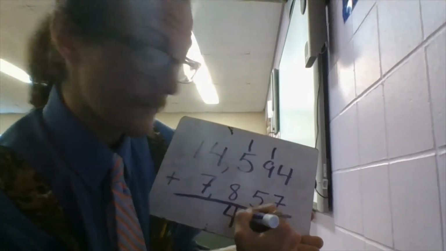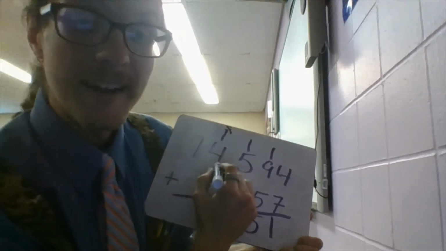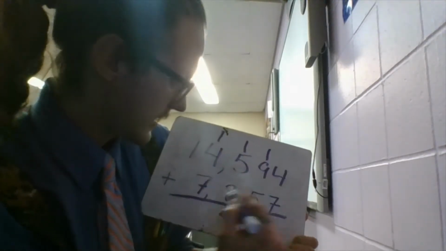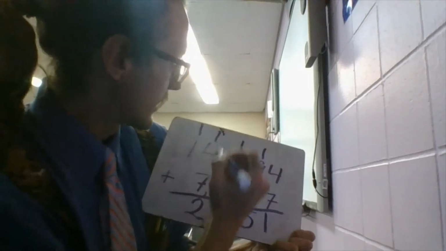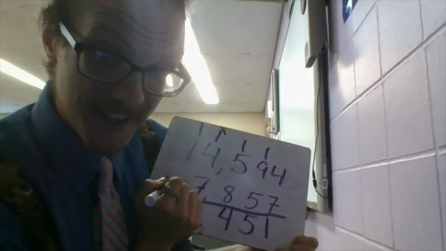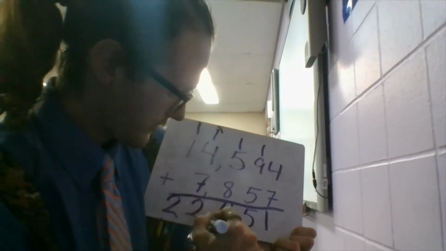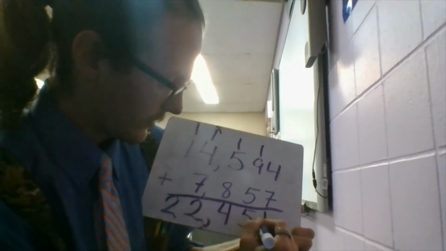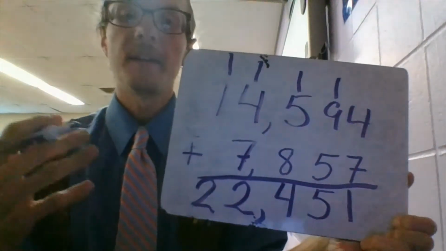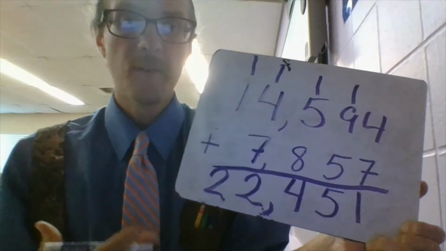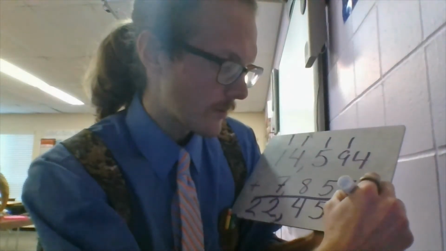Put the 4 down here, the 1 up here. 7 plus 4 is 11, plus 1 is 12. Put the 2 down there, 1 up here. 1 plus nothing is 1, plus 1 is 2. Don't forget your comma. So how many roses did they sell? They sold 22,451 roses.